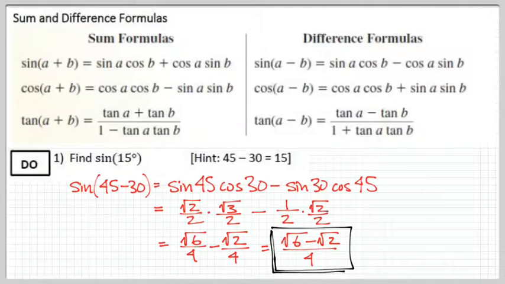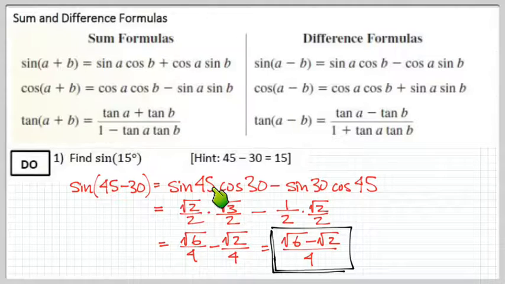The nice thing about these sum and difference formulas is we can find the sine of 15 degrees, for example, by thinking of it as 45 minus 30, and then using my difference formula and plugging in 45 here and 30 over here. Now I know sine 45, I know cosine 30, that's why I chose 45 and 30 in my equation.